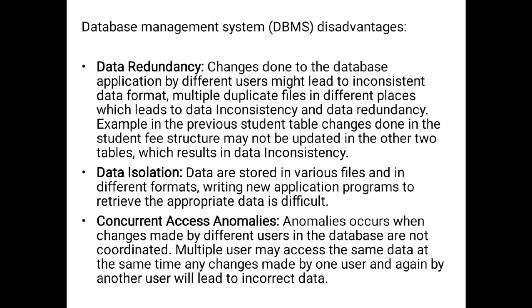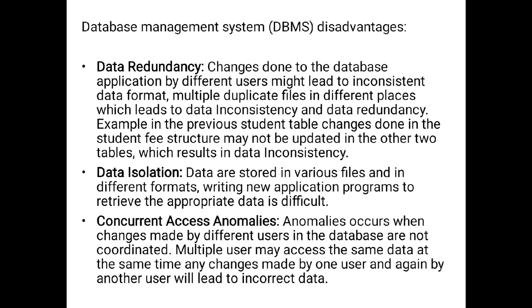Like in the example of the previous student table, three tables were there. If any change is done in the student fee structure, like changing the name Pablo Smith, and the update was not done properly, then the change done in the fee structure table will not be reflected in the other two tables, which will lead to incorrect data, which is data inconsistency.